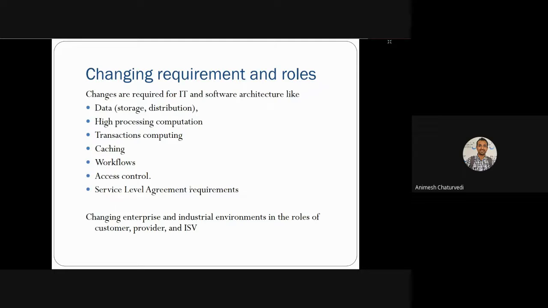There are various and fast evolving enterprises and industries, various customers, and various roles of providers to deal with, and various ISVs, internet service providers, like Airtel, Jio. So how to deal with them? These are some of the rules, and customers are there, and cloud providers like Google, Facebook are there.